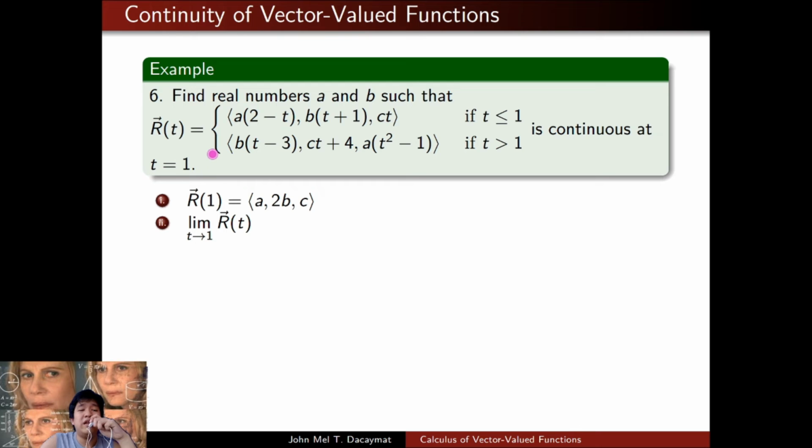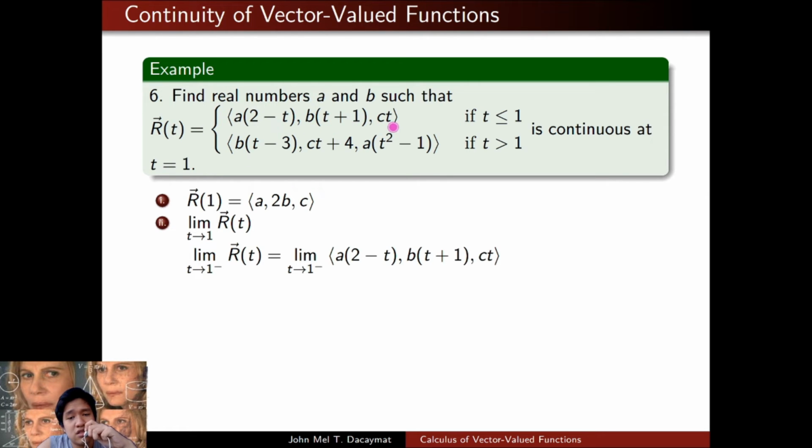Next, we want to establish the existence of your limit, but this is a piecewise defined function breaking at 1. So if you want to check the limit at 1, you have to check limits from the left and from the right. So yung limit from the left, we use this one. I think it's very clear naman, no, na you can just plug in 1 to get the limit, no, kasi these are just polynomials yung each component.